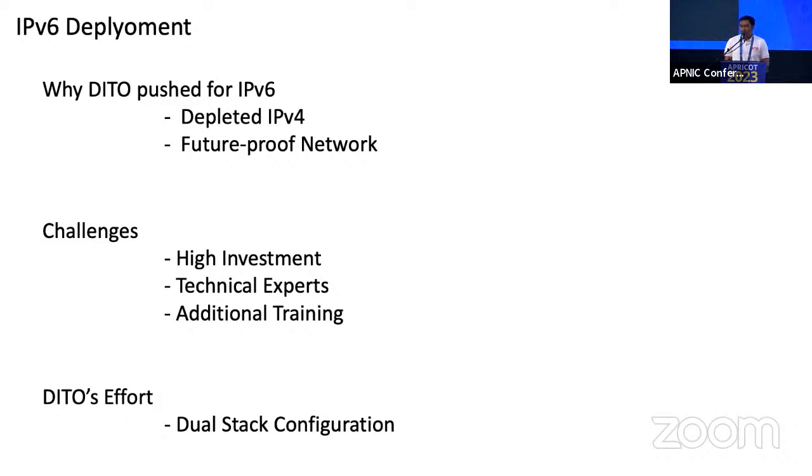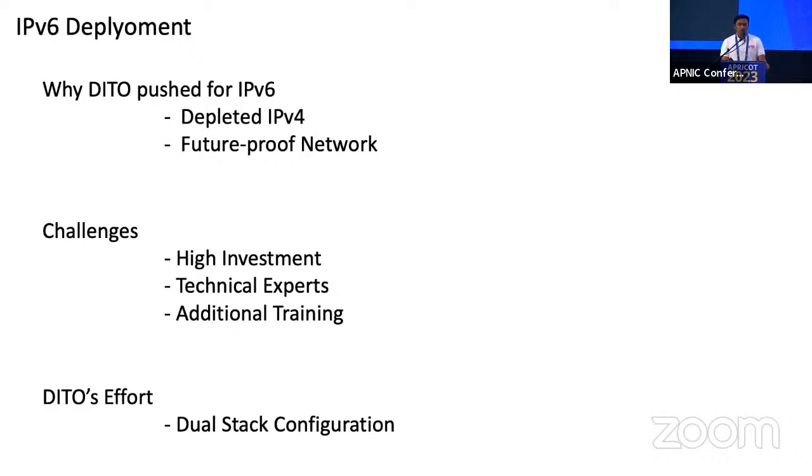So, since we are a mobile operator, our effort is we configure dual stack configuration. So that's the easiest way for us. Of course, since dual stack, as mentioned also by my co-speakers here, there are other contents that are still not available through IPv6.